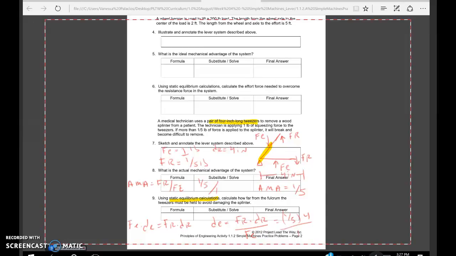So all we have to do is multiply the 1/5 times the 4, and that gives us 4/5 of an inch, or 0.8 inches. Okay, so that concludes the problems for the levers.